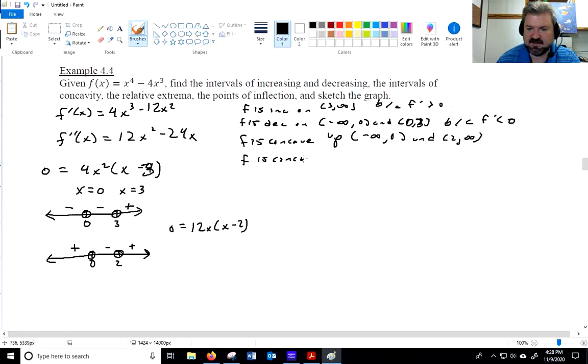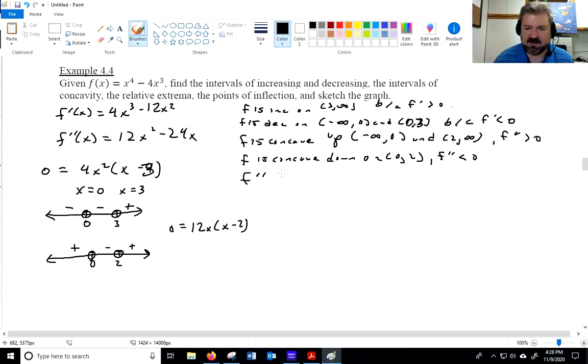F is concave down on 0 to 2. What's my justification? Because f double prime is less than 0 there, and here f double prime is greater than 0. Since I've already taken the second derivative, I could use the first derivative test here easily, or the second derivative test. We'll use the second derivative just for fun.